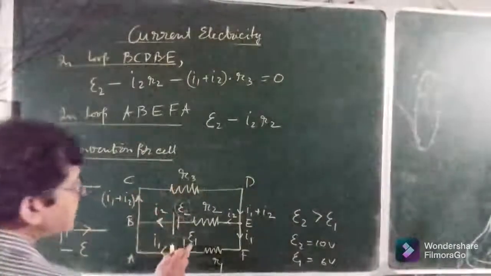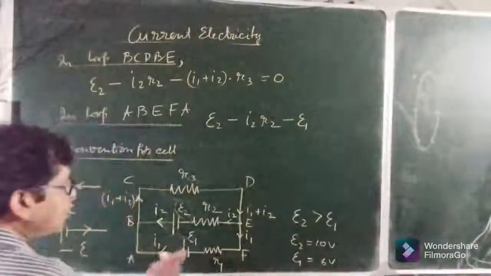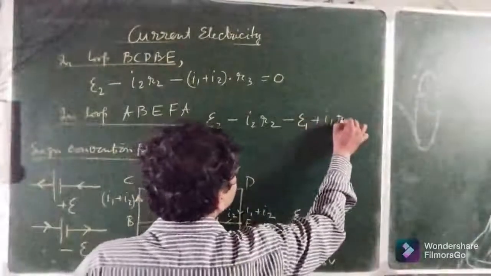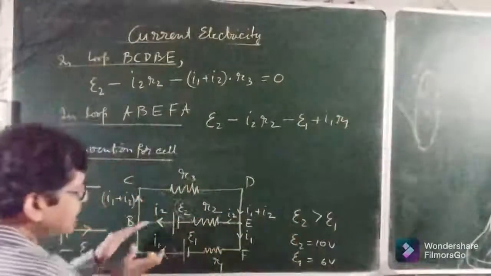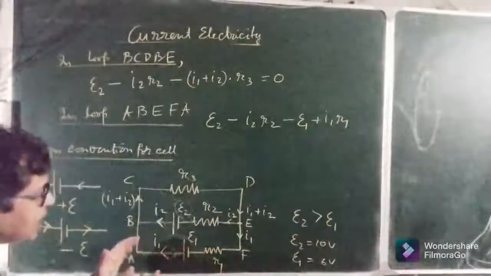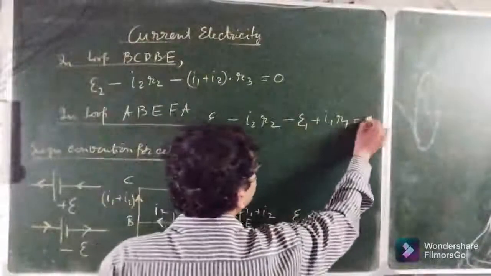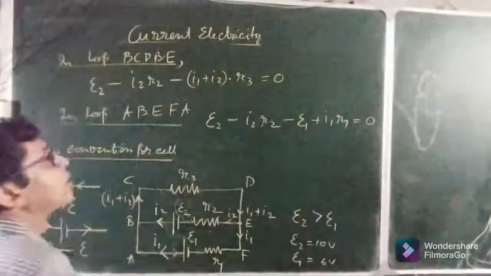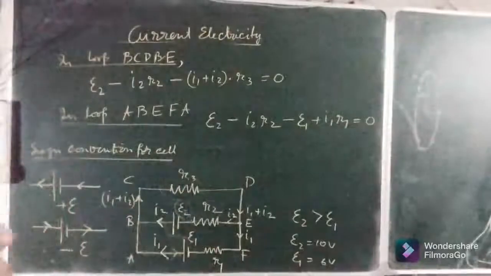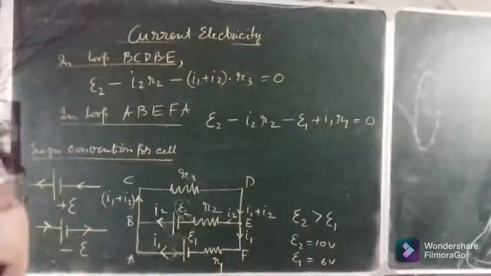So here in this case, I1 is taken to be negative and I1R1 is taken to be positive, since this energy, the product of this current and resistance, is added to the cell E1 and the net sum will be 0. You can use this rule for solving several numericals.